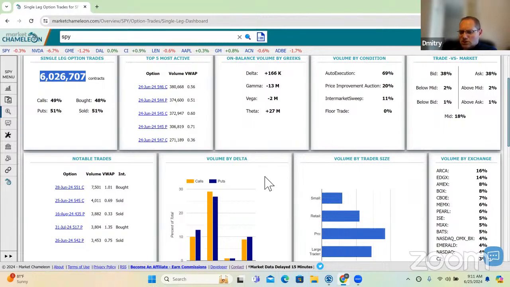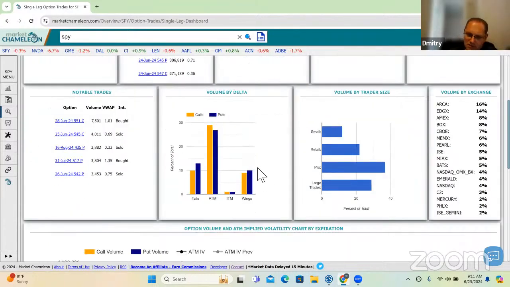So let's take a look at what happened yesterday. I'm going to come down here. And first we see the tails. So this is the breakdown in the tails, which are options that are really far out of the money.